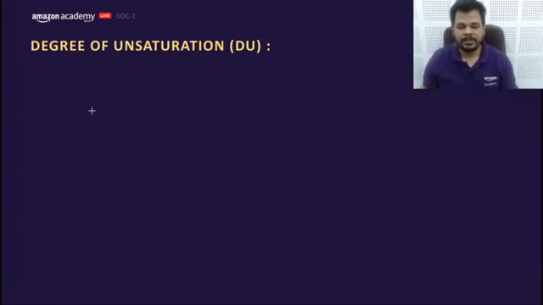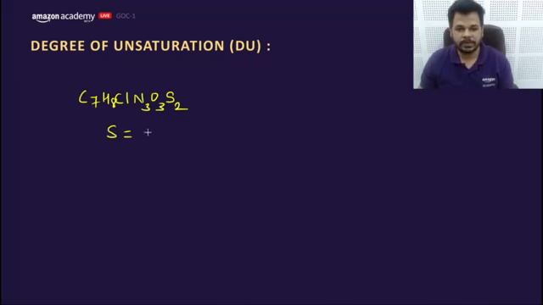Let's have a difficult example: C7H8ClN3O3S2, where the valency of sulfur is 6. What would be the DU of this compound?